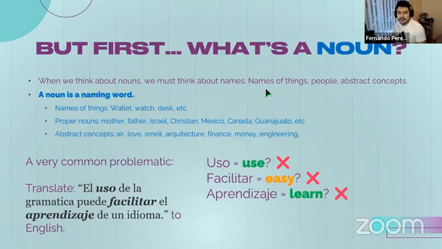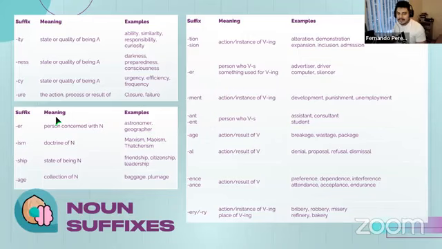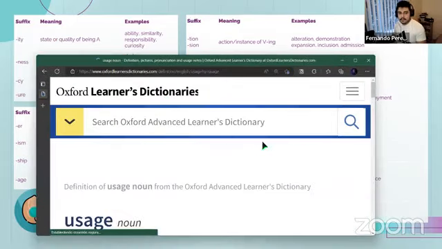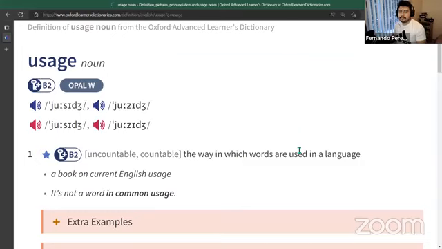In the previous slide, we saw some suffixes. In order to transform use into a noun, we are going to use the termination age, the action and result of a verb. Let me show you the dictionary. Help me, Christian.